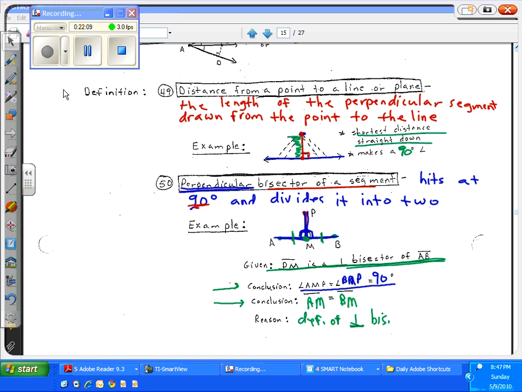In other words, it hits at 90 and divides it into two equal segments. We can conclude that the angles are equal, or that either of those is 90, or that the two segments are equal, using the reason definition of a perpendicular bisector if we were going to do a proof.